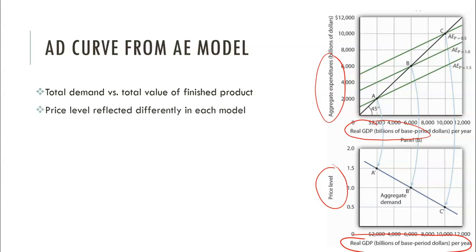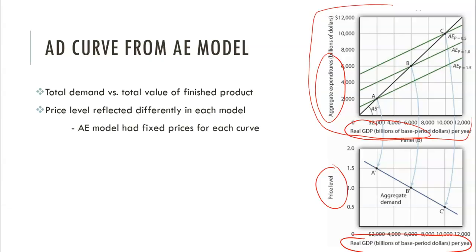Price levels are actually reflected differently in each model. So our aggregate expenditures model up here on the top is not devoid of prices. Prices still play a role in this. It's just we can't see them on this graph. The aggregate expenditure model has some sort of fixed price for each curve.